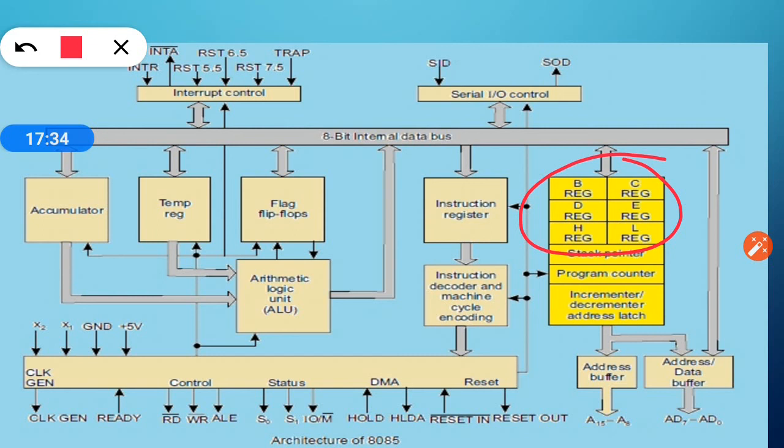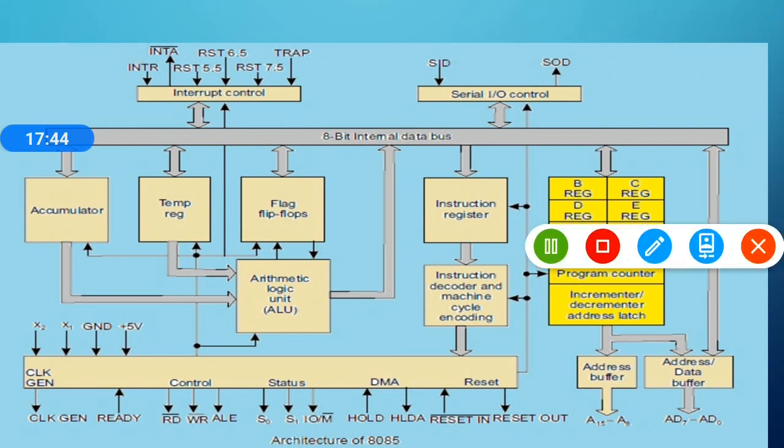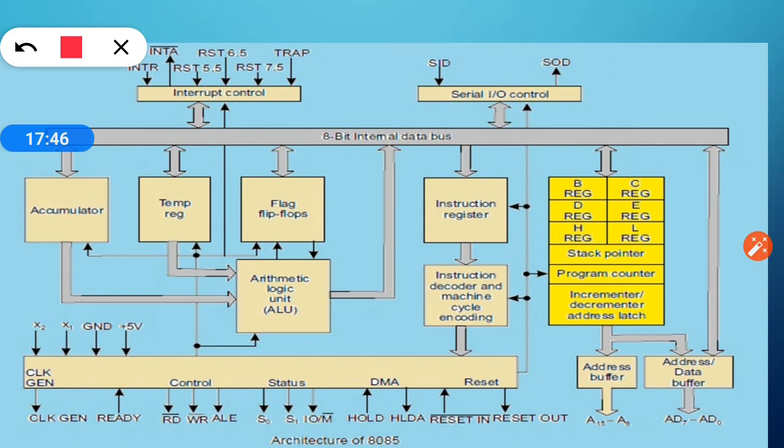These are the 6 registers, right: B, C, D, E, H and L. Each register can hold 8-bit data. Suppose I want to store 16-bit data. For that purpose, these registers are already in pairs: the first pair is BC, the second pair is DE and the third pair is HL. So we can store our 16-bit data in these pairs.